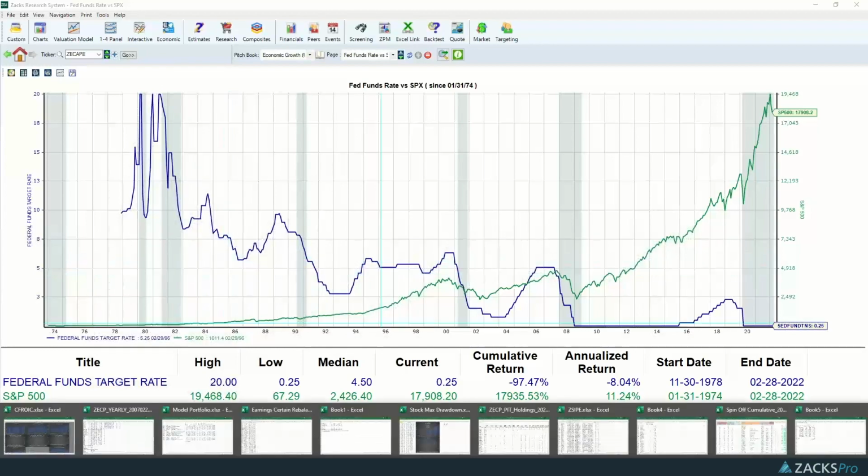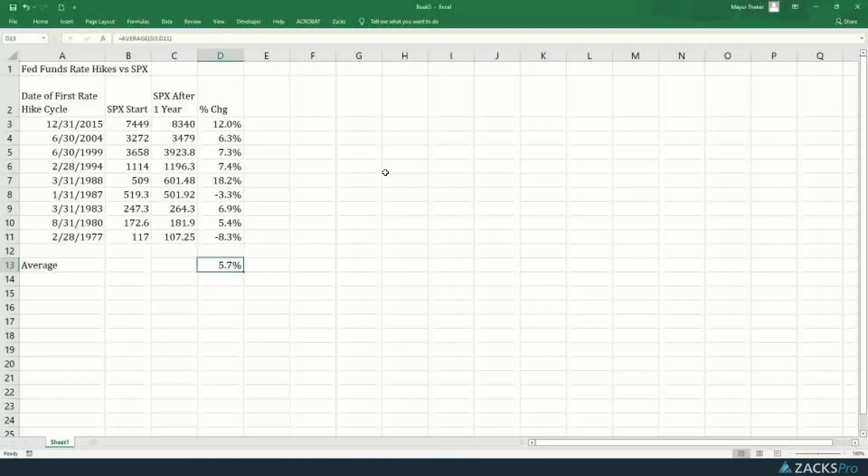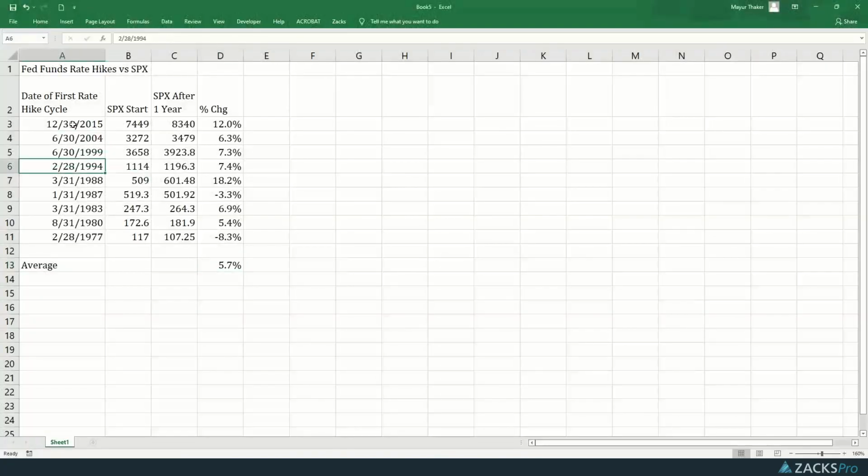I compiled a quick table of data that shows the month end of the first rate hike during that rate hike cycle. So the first time that the Fed raised rates after going through a cycle of cutting them. The last time that happened was under Janet Yellen in December of 2015.